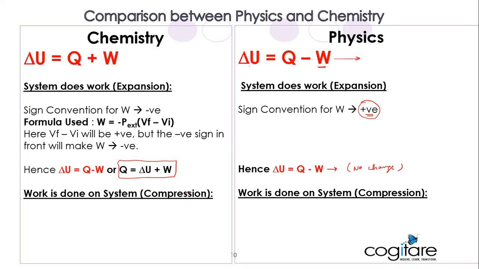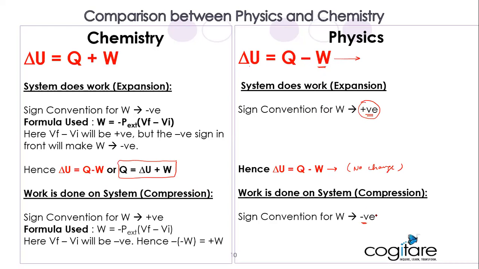Whereas if you take the case of compression, in physics we take a positive sign, whereas in chemistry, for compression we take a negative sign. So here you will get minus of minus W. Why? Because delta V will be negative, and outside you have minus. So this into this gives positive work here.